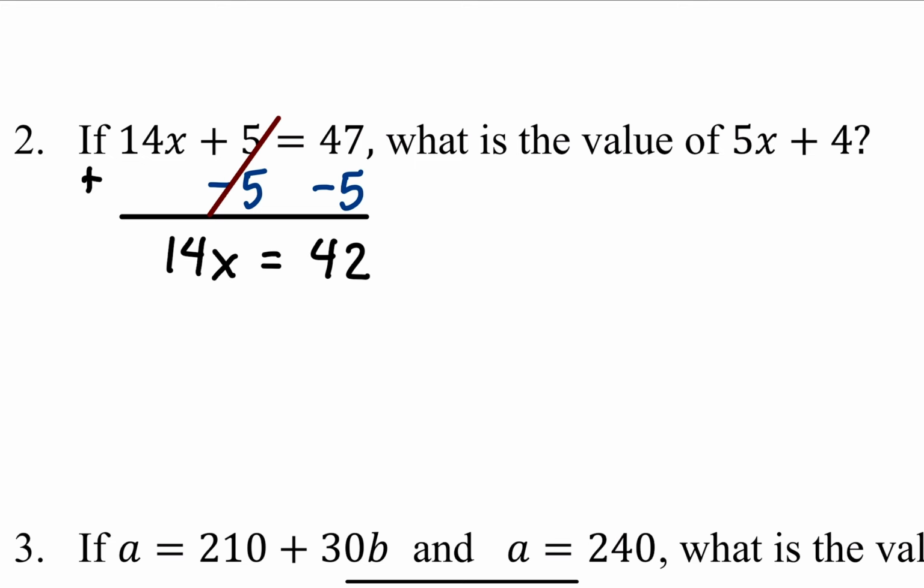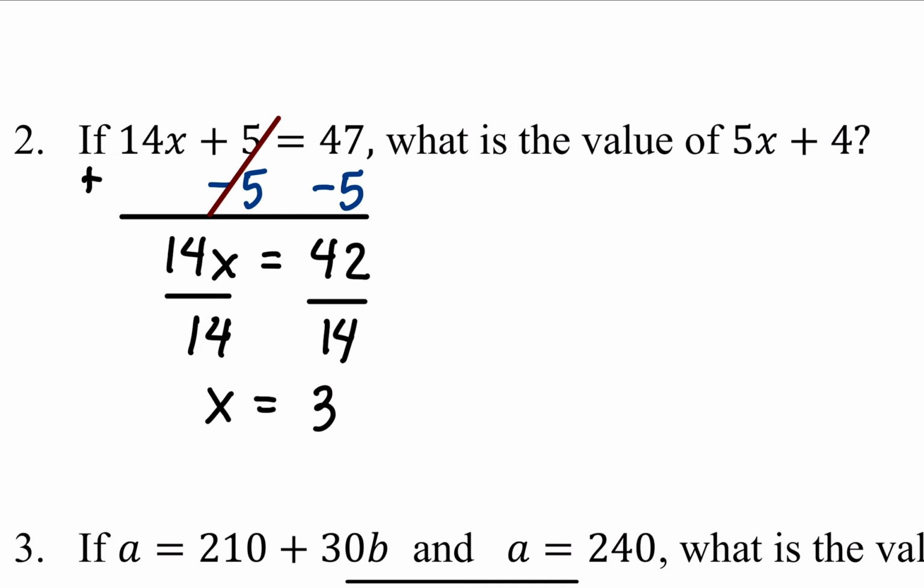Now we have to divide both sides by 14. So 14 divided by 14 is 1, or simply x. 42 divided by 14 is 3.